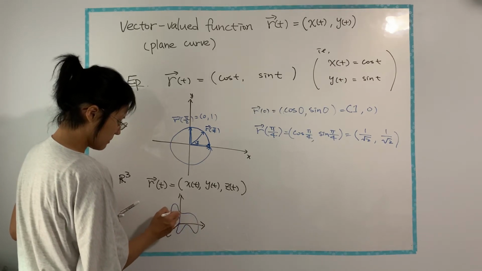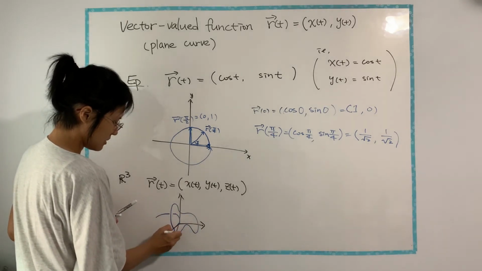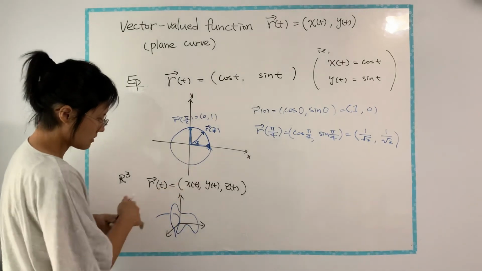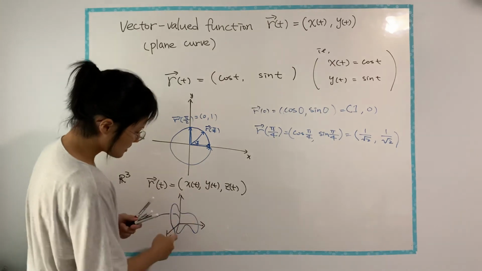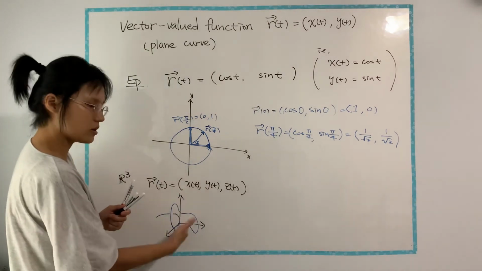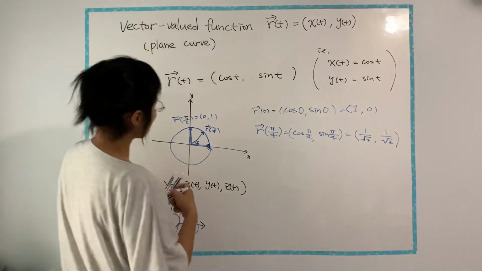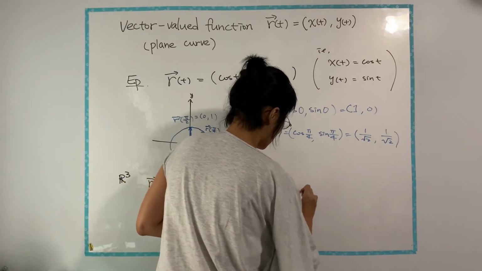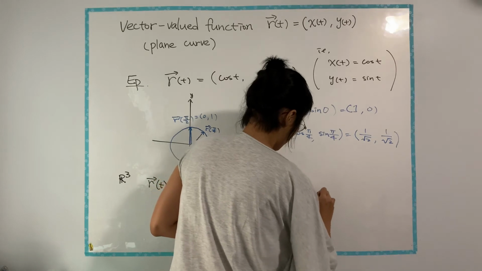It doesn't have to come back, it can just be a piece of string like that. Just arbitrary. Then you can see this gives me a curve in R3. So sometimes we also call this a space curve.